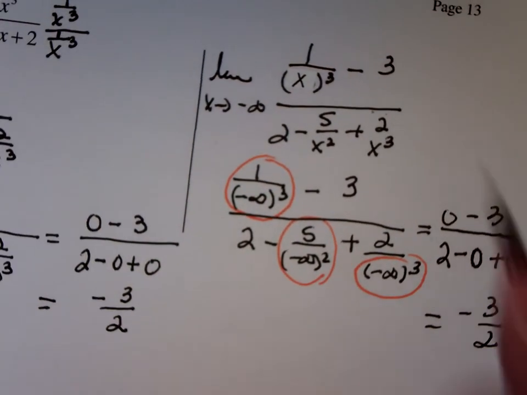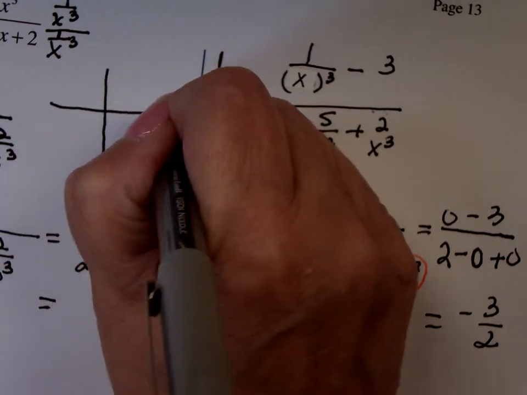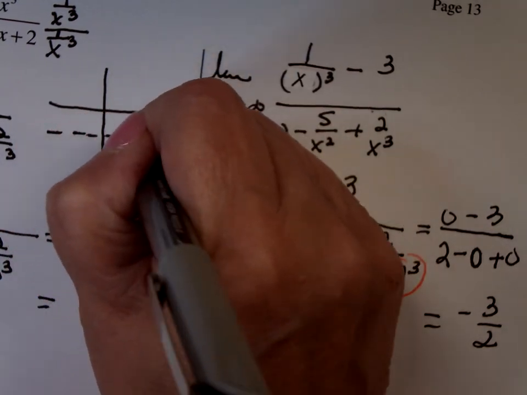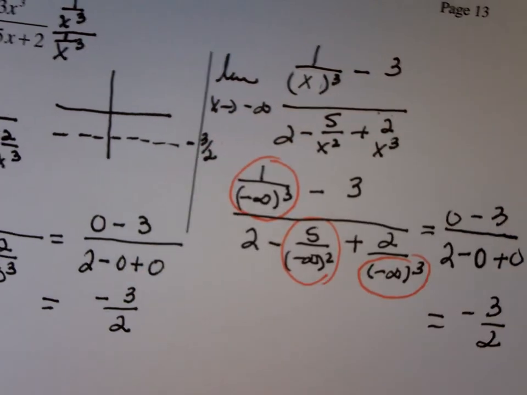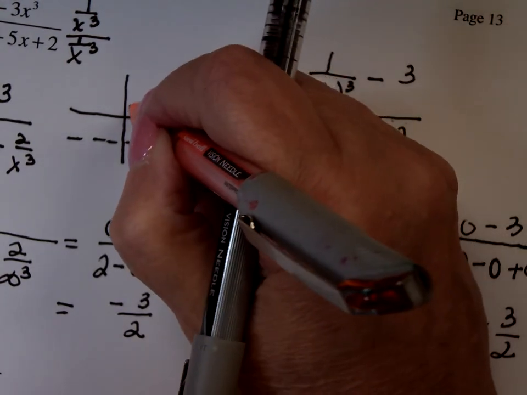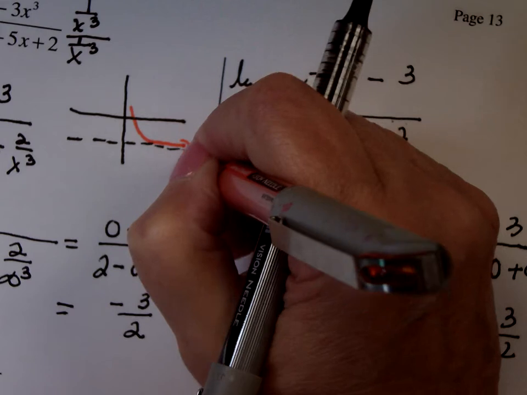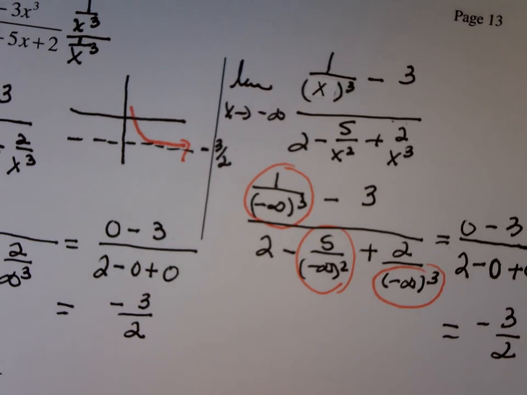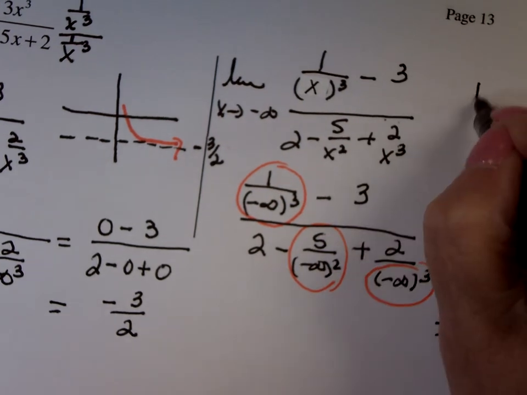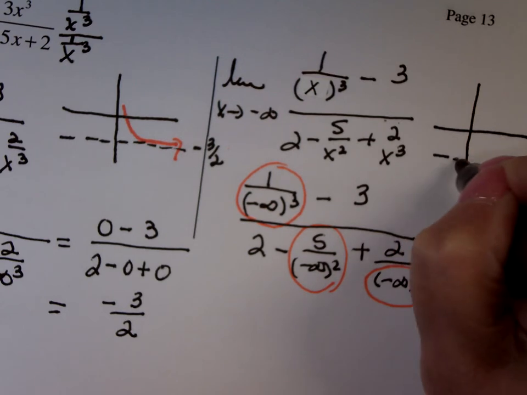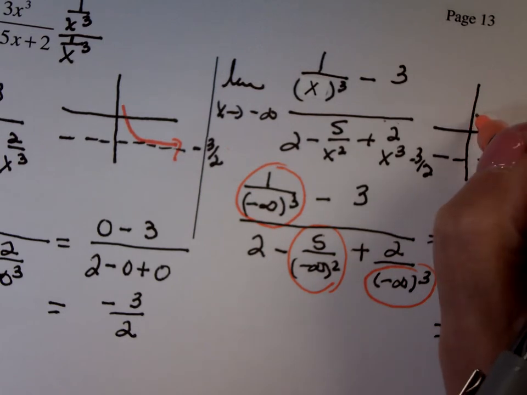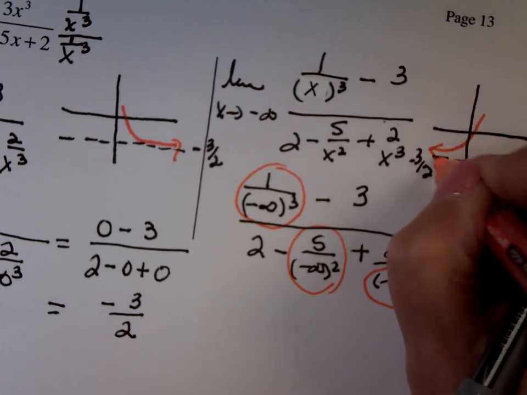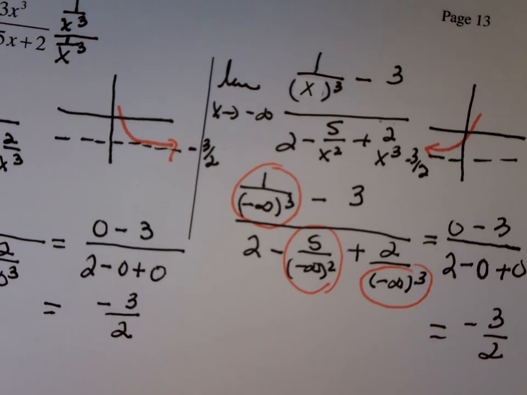So what's this telling us? If x is going to infinity, y is going to 3/2. That's your horizontal asymptote. Negative 3/2. As x goes to negative infinity, y is going to negative 3/2. That's a horizontal asymptote. It's an HA.